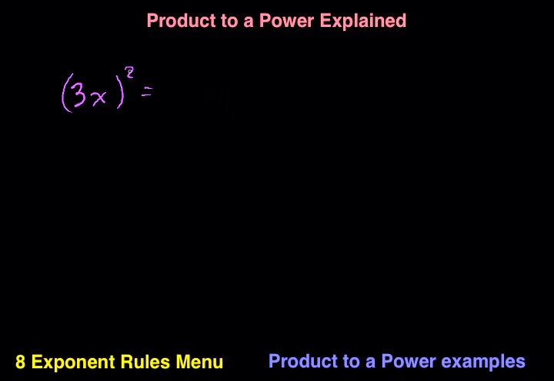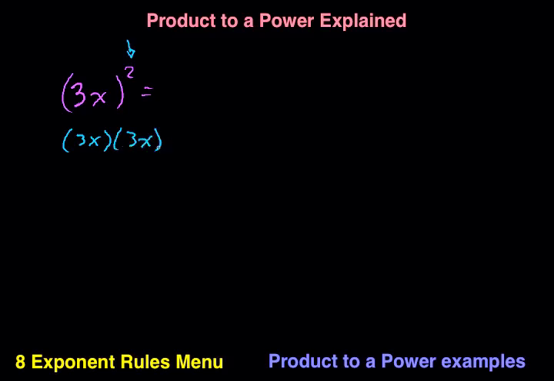So what we're going to do is try to figure out what exactly this means, like what's the rule, and we're going to use the definition of exponent. In this case, square means to multiply by itself. So we have this quantity in parentheses, 3x, being squared, which means this is 3x times 3x.